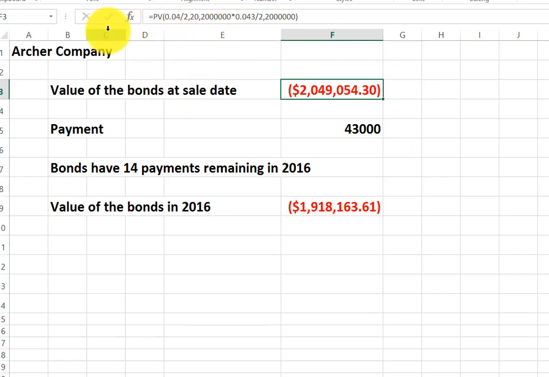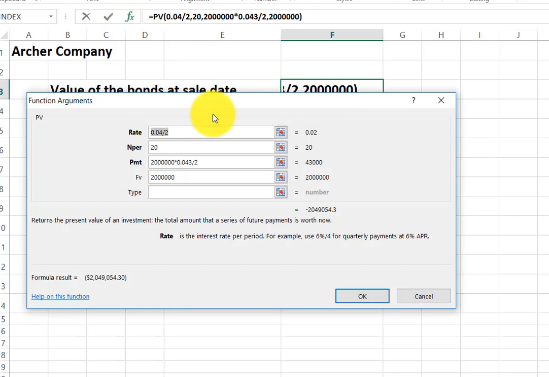We use the present value of 4%, and because they're twice a year, we divide that by 2. Number of periods is 20, the number of times that they're going to make a payment. The payment is calculated by taking the $2 million face value times 0.043, the coupon rate, and dividing it by 2.